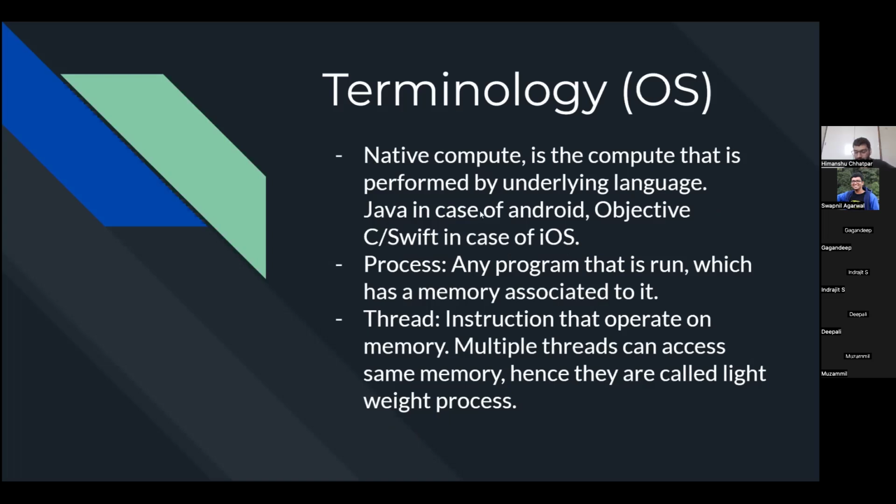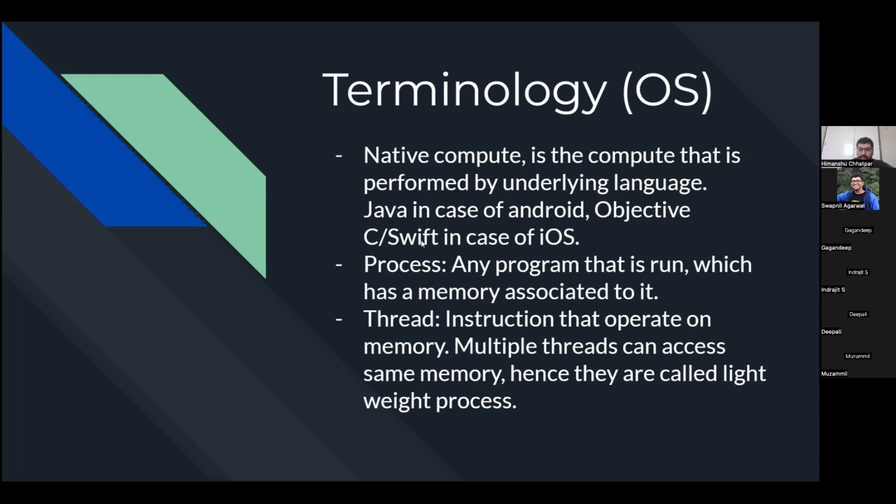Some more terminology. By native compute, I mean the compute that is performed by the underlying OS. That would be Java in case of Android, Objective C or Swift in case of iOS. You can think of Java and Kotlin because both work for Android, and Objective C and Swift both work for iOS.